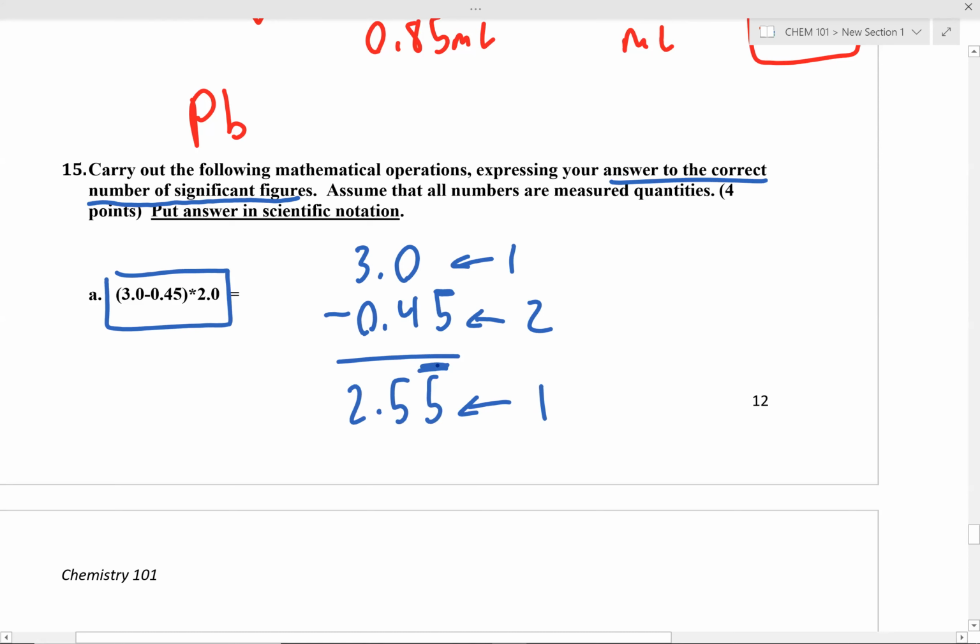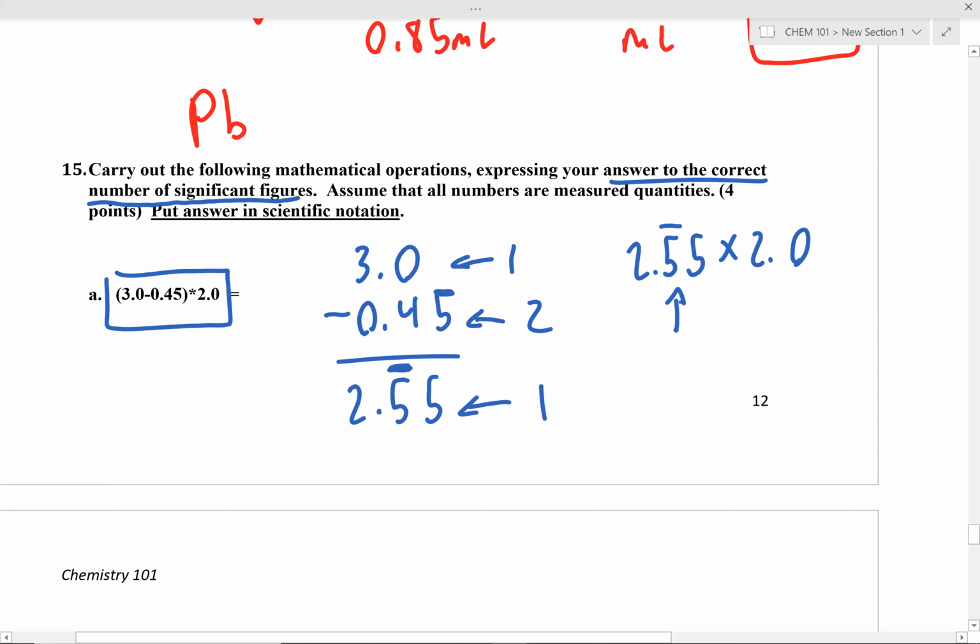We're going to use bar notation over the first decimal place to note that it is the last reported significant digit. Next, we're going to do multiplication. So we have 2.55 multiplied by 2.0.